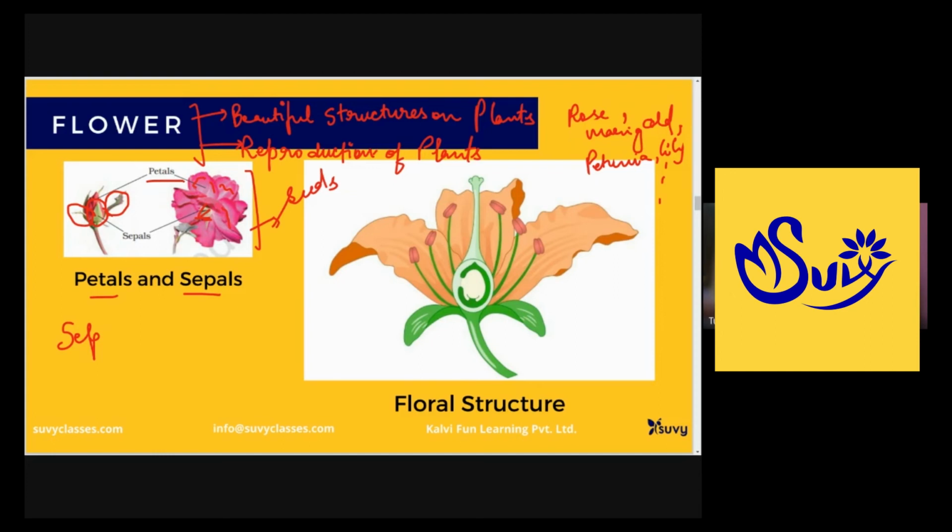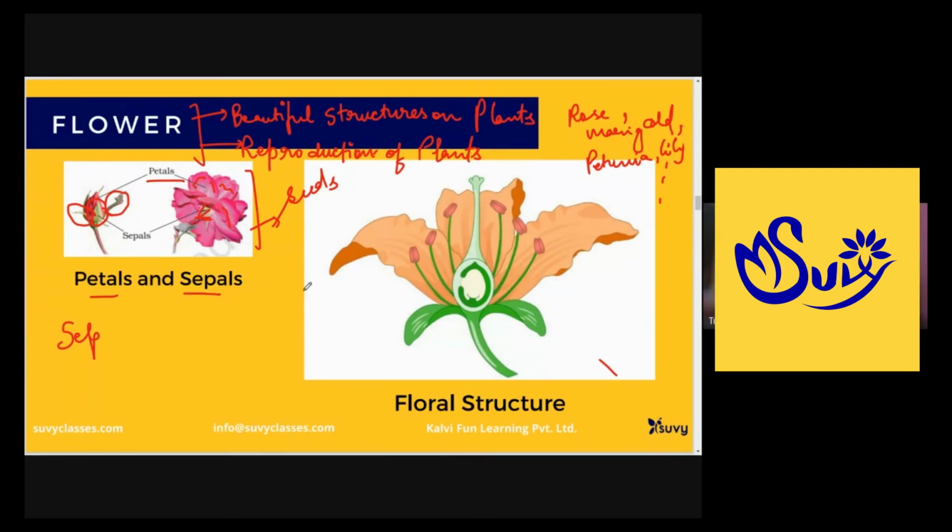So I hope I'm audible. As you can see on your screen, I am sharing my screen where we are discussing the structure of a flower. So what is a flower? Do you know what a flower is? Sir, I don't know. Okay.